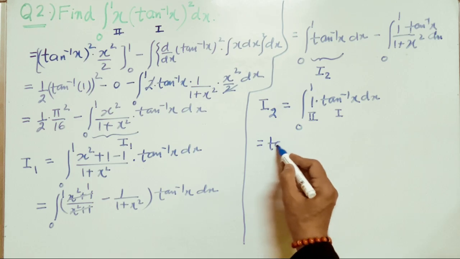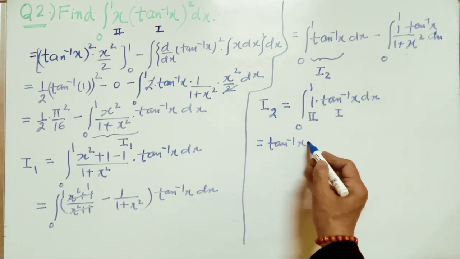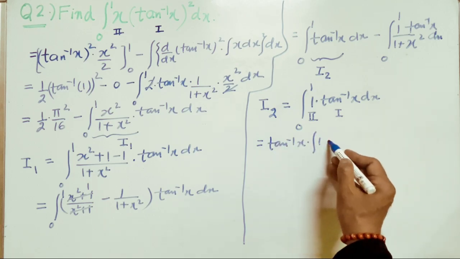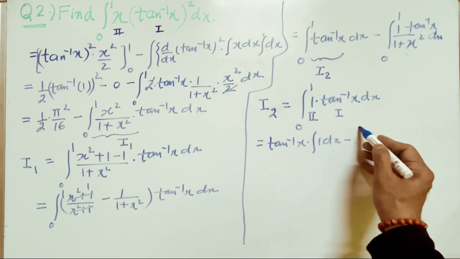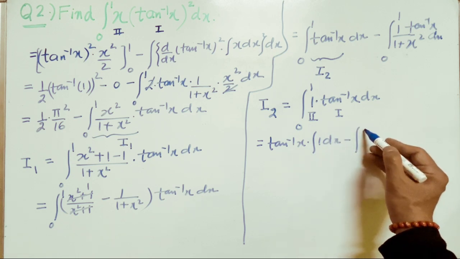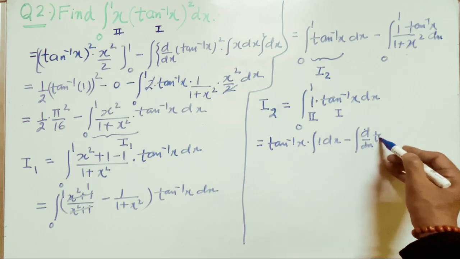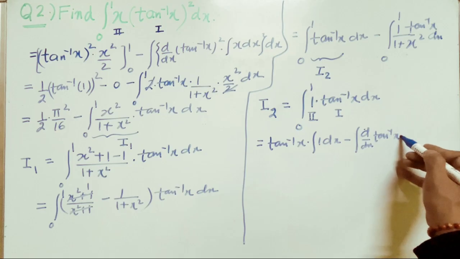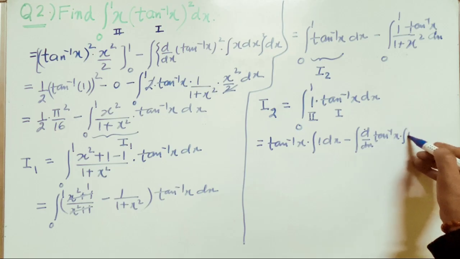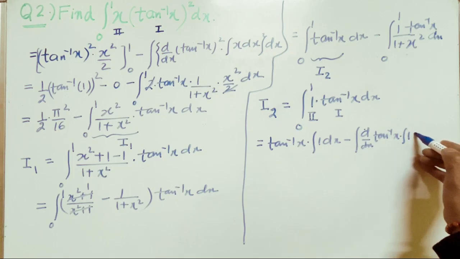So first function as it is, integral of the second, that is 1 dx, minus integral d by dx of tan inverse x into integral of 1 dx.